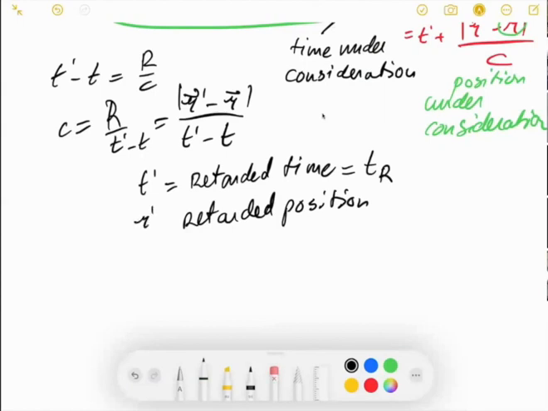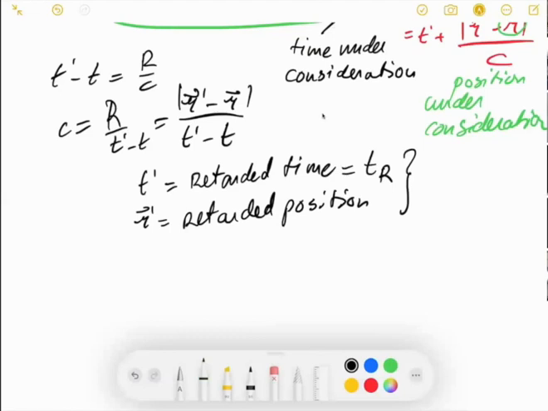That will be r prime. To that position rt, and there it appears with these coordinates.